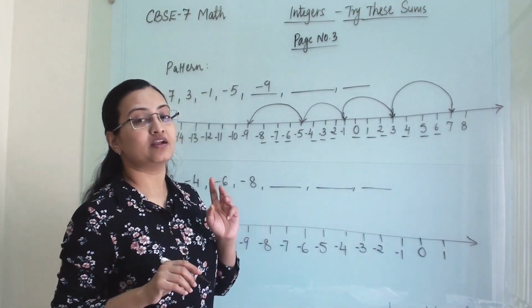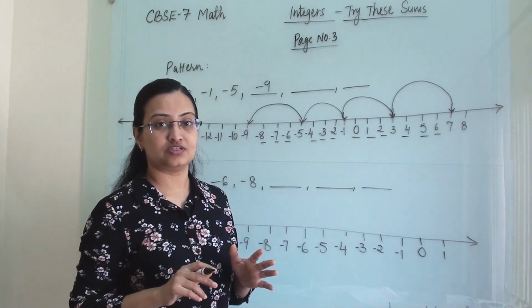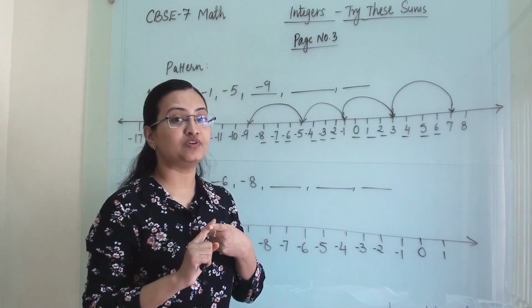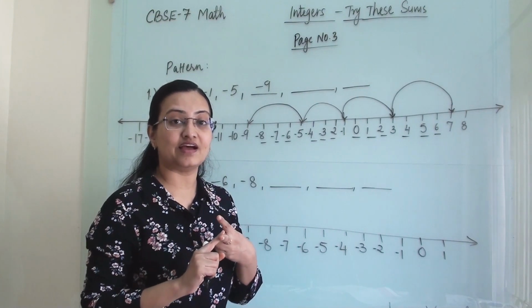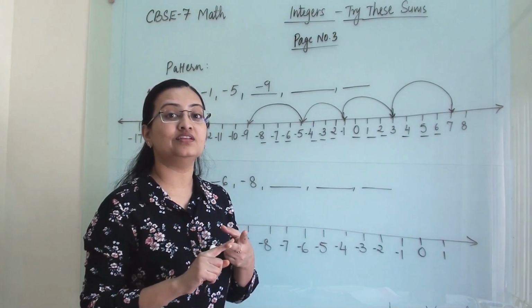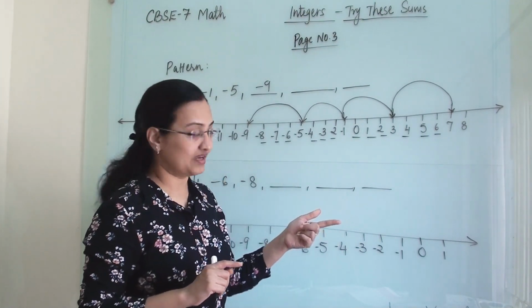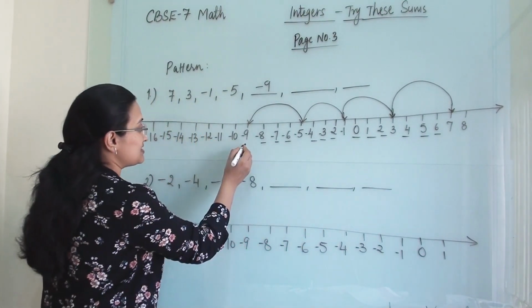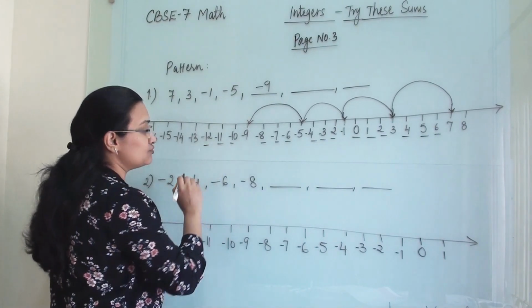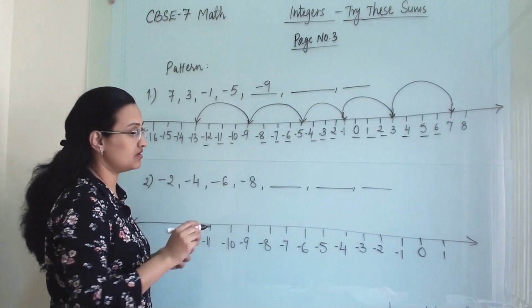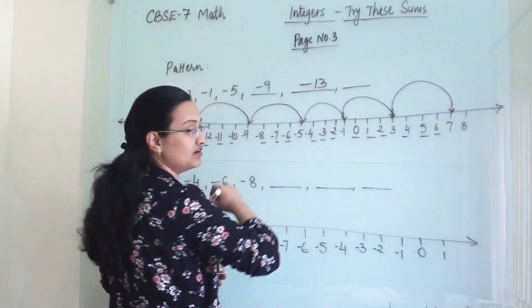So whenever you are answering this kind of question, the first thing you have to understand is how many numbers we have skipped, and the second thing is in which direction the pattern is going, either towards the left side or towards the right hand side. Now, minus 9. Again we skip 3 more numbers and we will get minus 13.